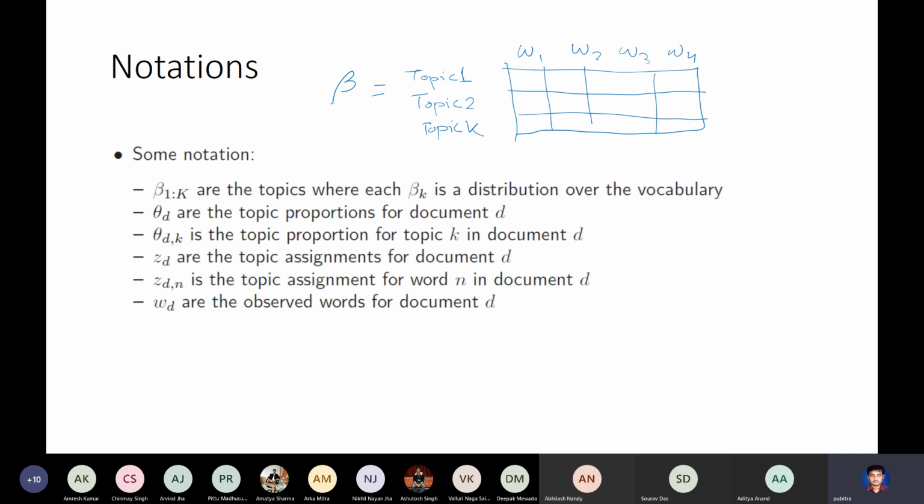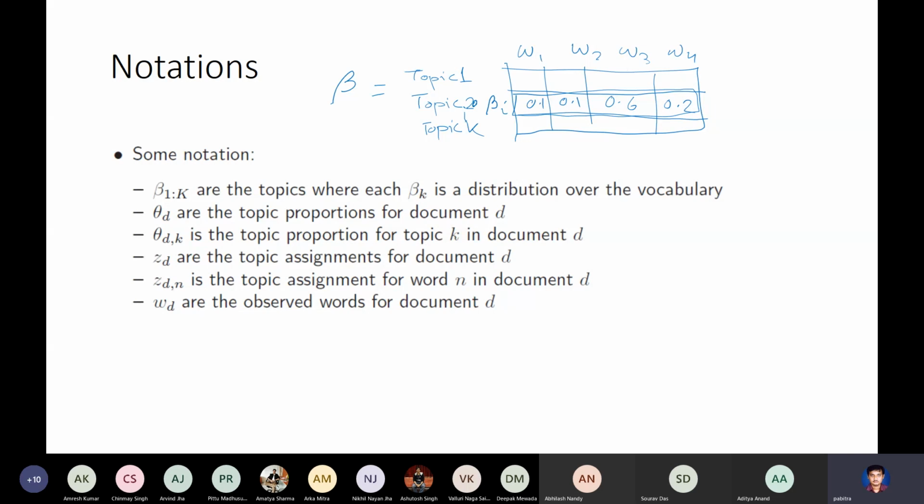Okay, so let's say beta i is nothing but the distribution of topic i in terms of the words. So this vector is say 0.1, 0.1, 0.6, 0.2. This vector is the beta i vector.